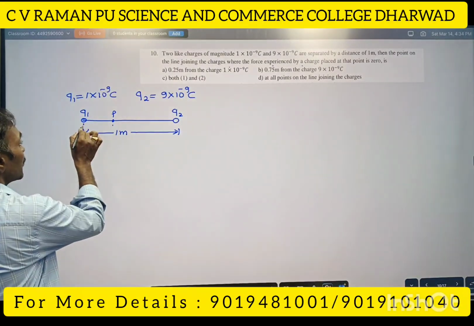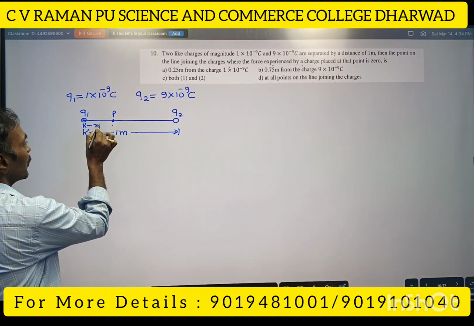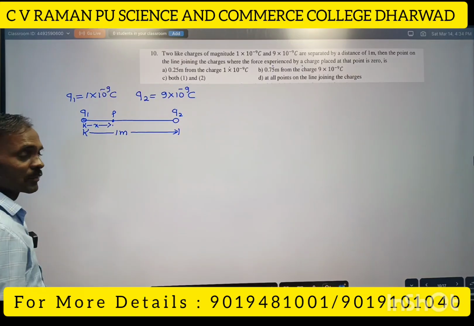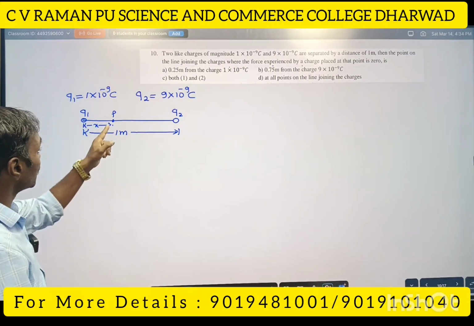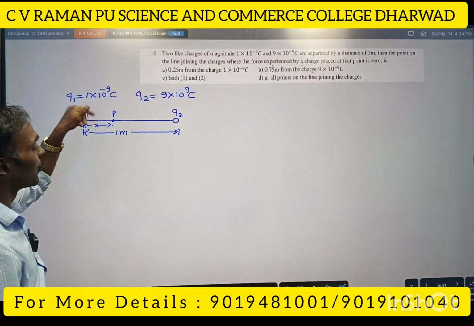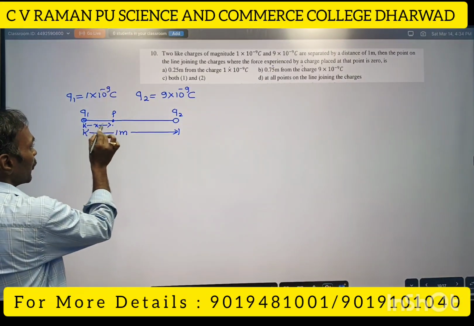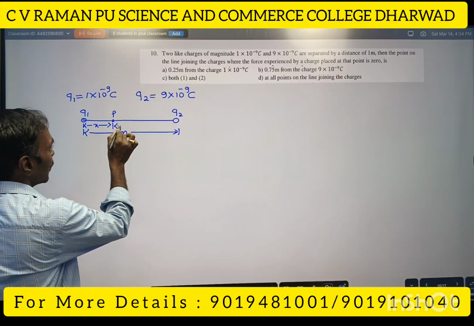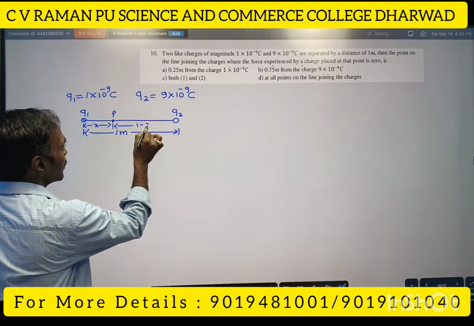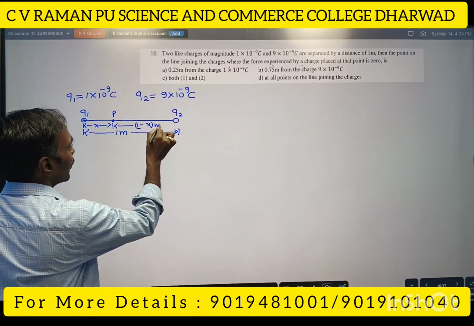What should be the distance of that point from any one charge? Now let us consider the distance of point P from Q1 is equal to x. If this point P is x from Q1, then the same point will be at a distance 1 minus x meter from Q2.